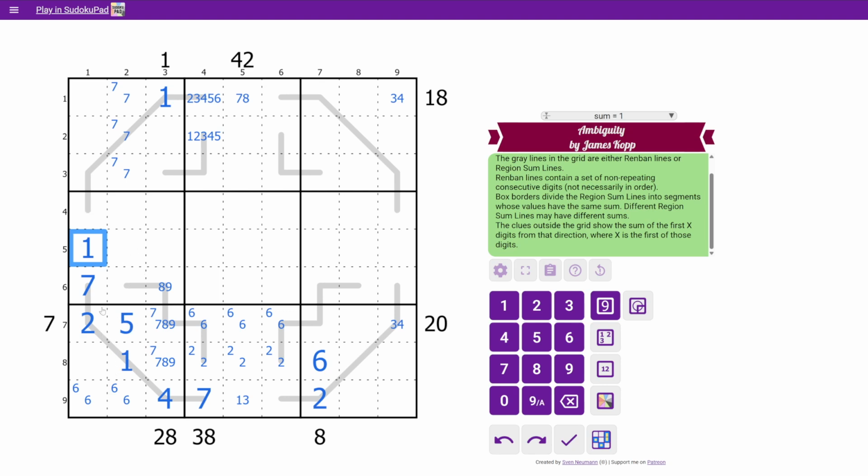Does that give me anything else, though? Where does the 1 go if it doesn't... If this is 3, the 1 has to go on this line.